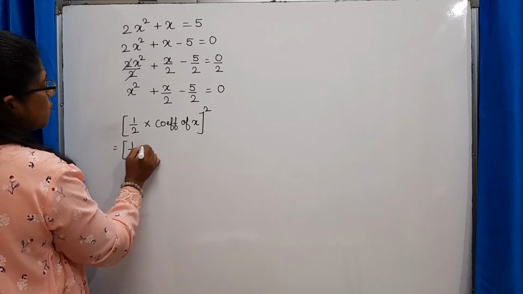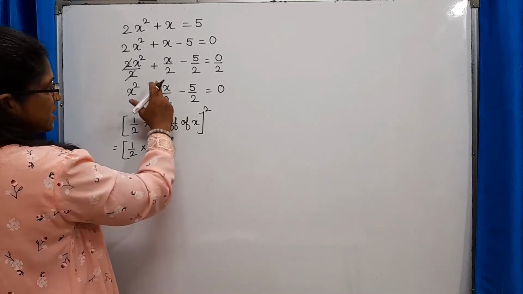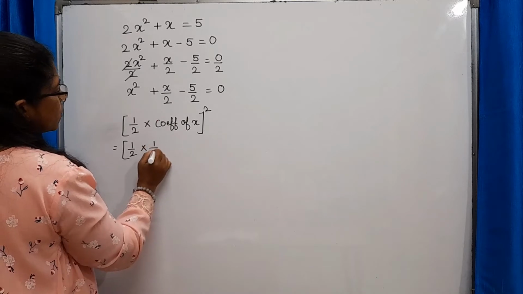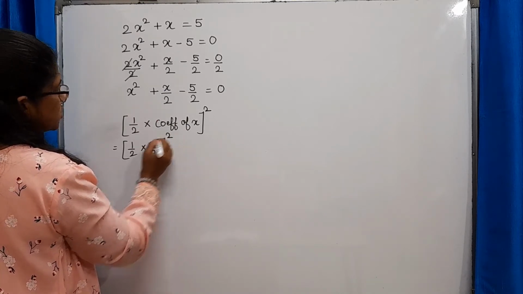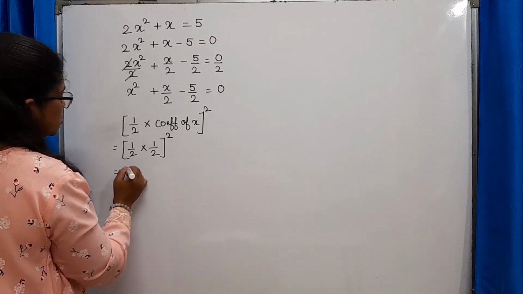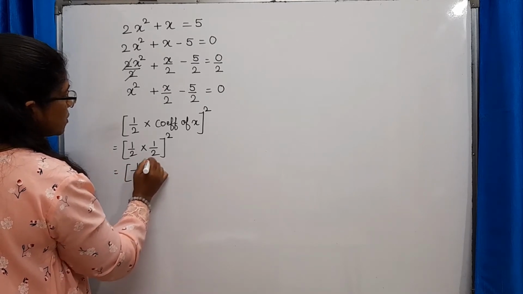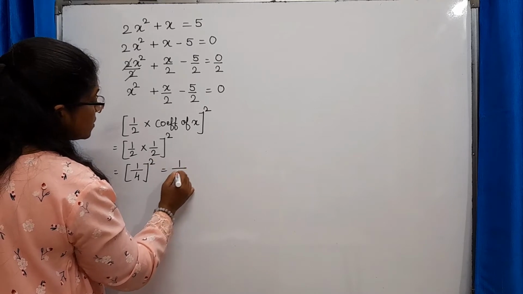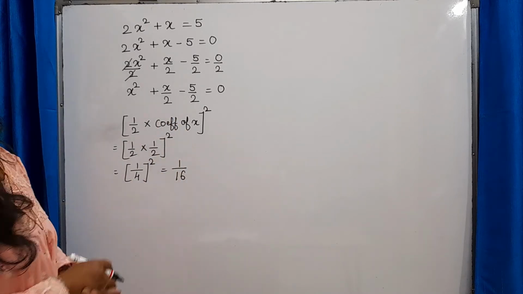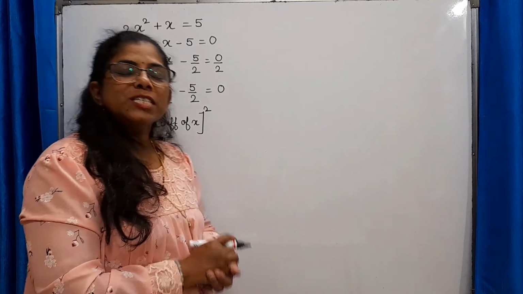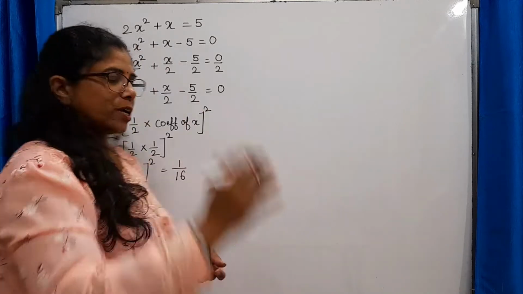Half into, now here coefficient of x is 1 upon 2. 1 upon 2 the whole square. Now here 1 upon 2 into 1 upon 2 is 1 upon 4, the whole square, which is 1 upon 16. Now this value we have to add and subtract.